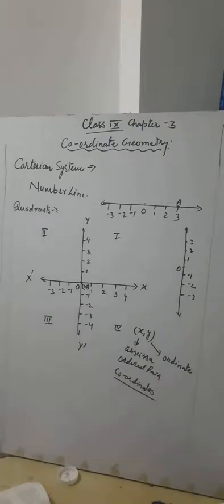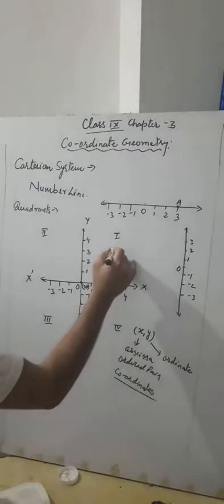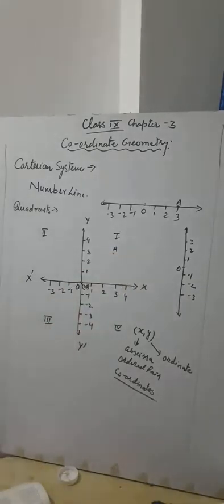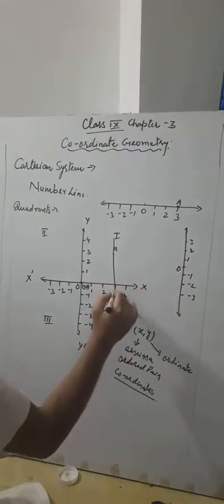So in this chapter we have to represent numbers on this Cartesian system. So how will we find the coordinates of a given point? Suppose that this is a point for which we have to find coordinates. For it, we will draw a perpendicular from this point on the x-axis.